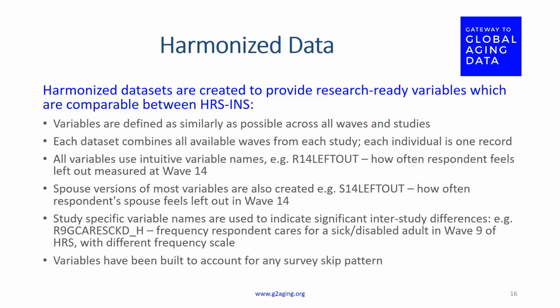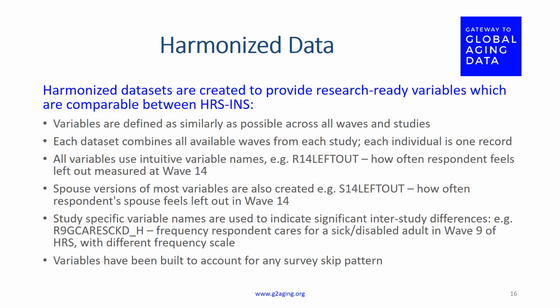Variables are built with an intuitive naming convention. For example, R14 left out indicates how often the respondent reported in wave 14 feeling left out, which is part of our loneliness measures. We also create spouse versions of most variables, so you could study how something impacts both members of a couple.